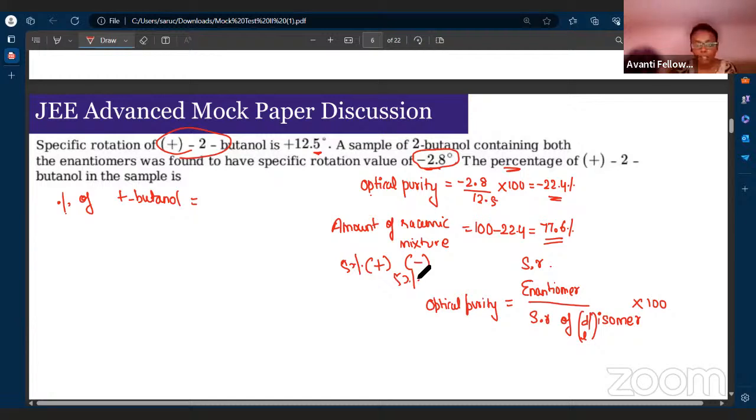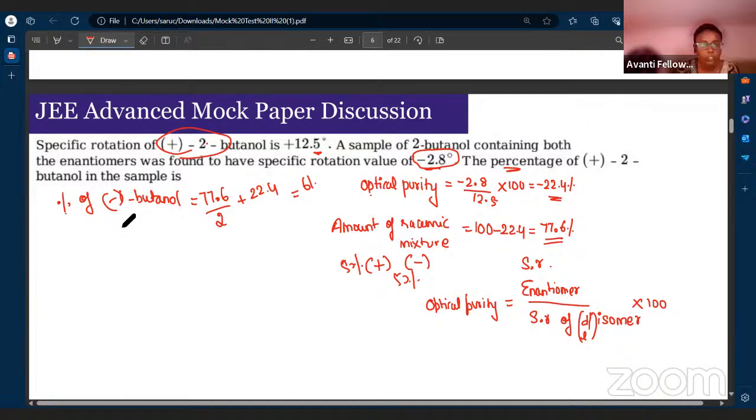Plus the optical purity you have got, 22.4. So what will be the percentage? First you have to do it for the minus isomer, because plus isomer is given in the question.